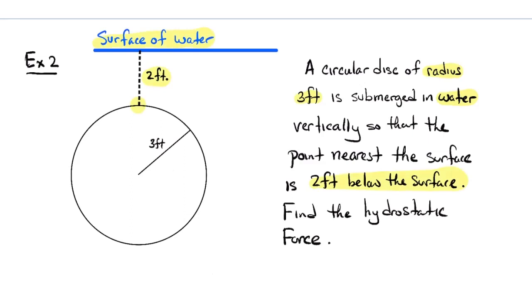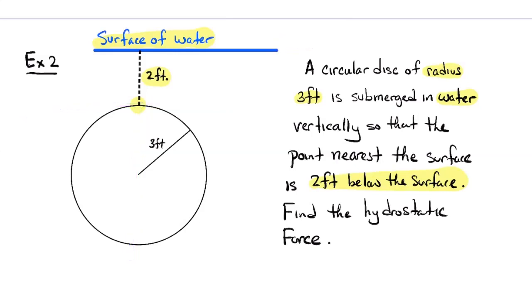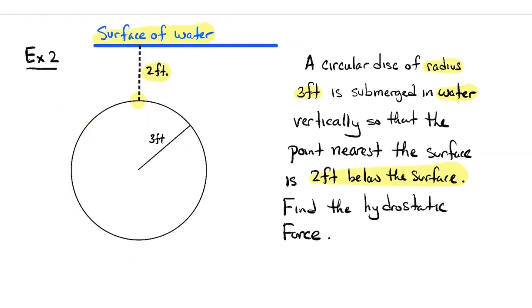And why did I say I'm going to contradict myself? Well, this time I'm not going to coordinatize this by putting a number line there and thinking of the surface of the water as x equals 0 and so on, because it will be difficult to describe this circle if the 0 of my coordinate system is up here at the surface of the water. So here's some advice that I have for you. When you're dealing with circles, I like to put the origin of my coordinate system at its center.